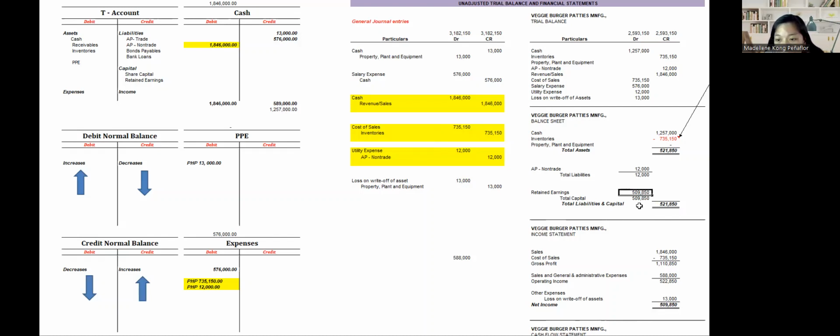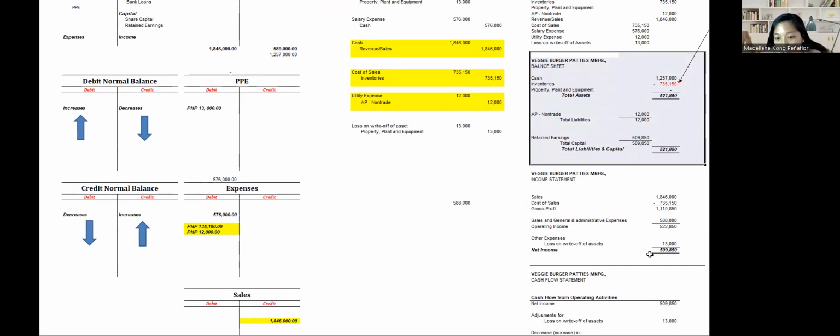And the total capital will be 509,850. And if we add 509,850 to 12,000, the result is 521,850. So as you can see here, the total liabilities and capital must equal the total assets. So this balance sheet is technically correct when it comes to total. However, the inventories is a little bit questionable, but we will get back to that.